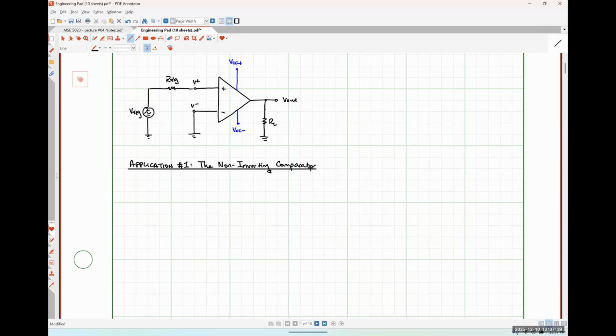So a non-inverting comparator is used to compare the strength of an input signal.